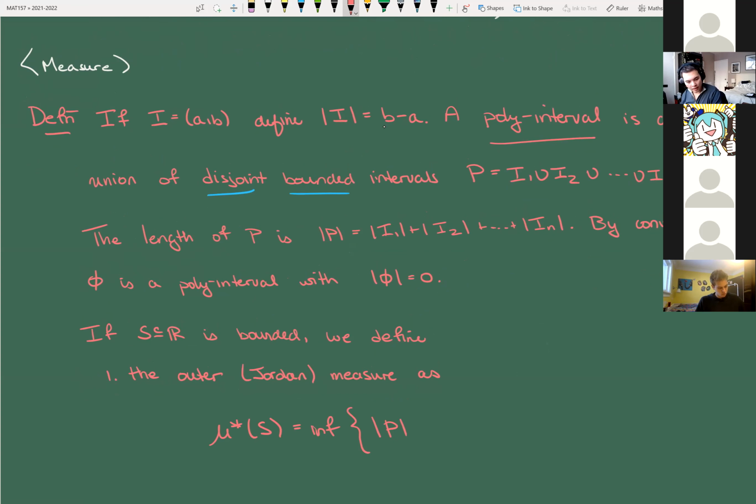So it's the infimum of the lengths of all the polyrectangles which cover S.